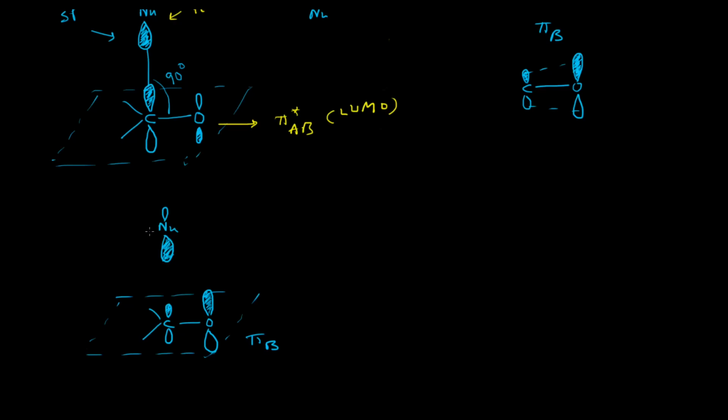Because this nucleophile has 2 electrons, and this pi bonding orbital also possesses 2 electrons, there will be a repulsion between this nucleophile and this carbonyl system, and that's why this nucleophile will avoid a 90 degree angle approach.